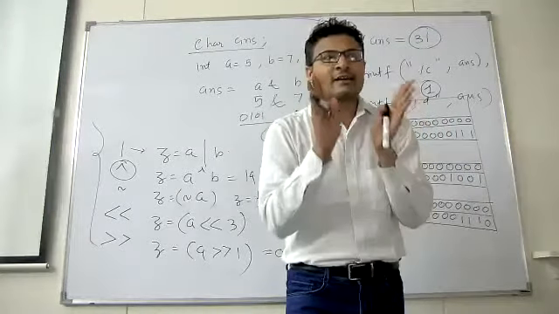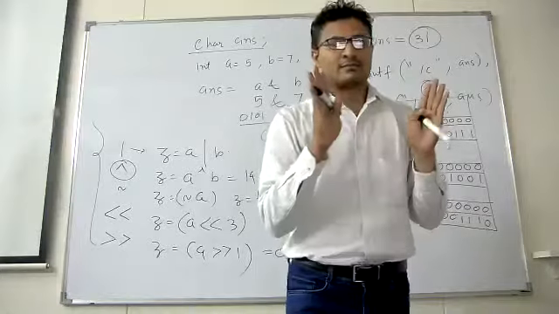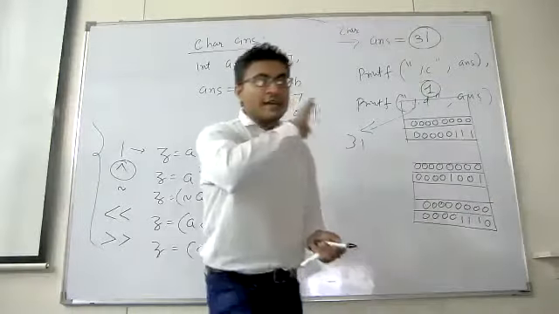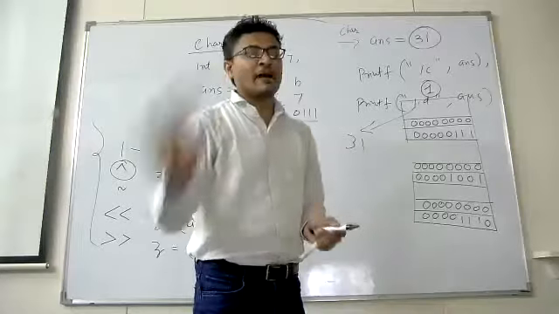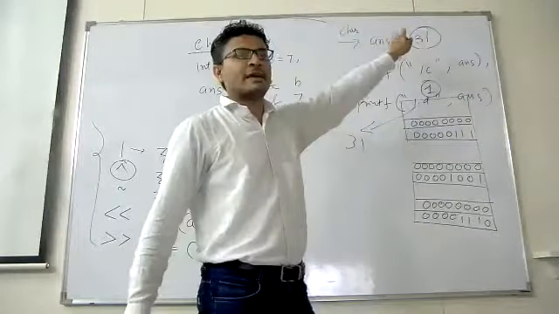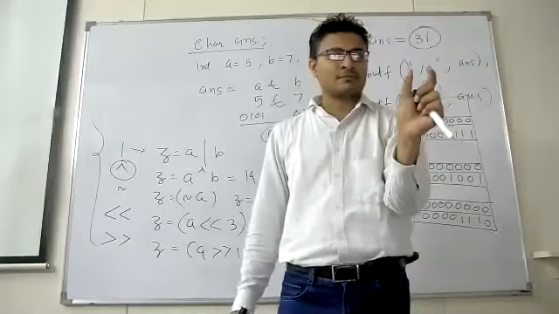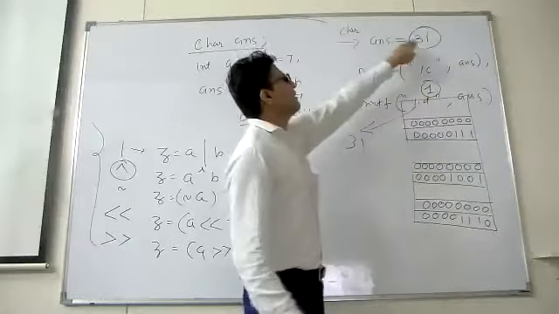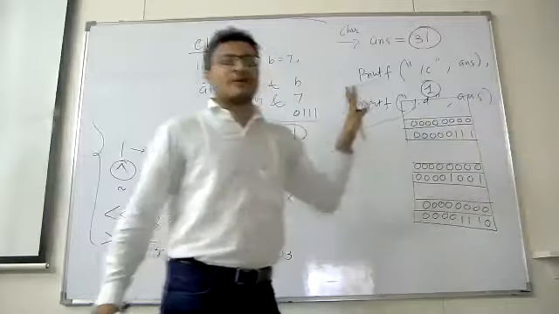Character is a byte number. Please remove that confusion from your mind. Character is a unique integer number. It is a 1 byte number, nothing else. It will store this number in binary form in memory.